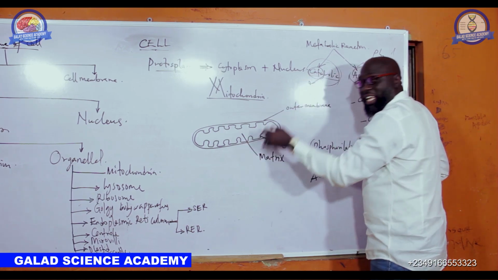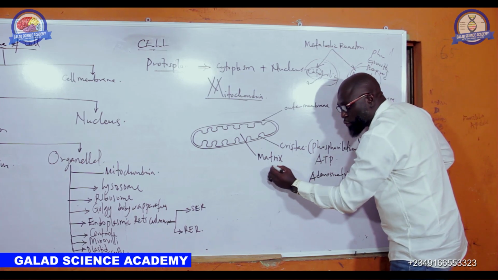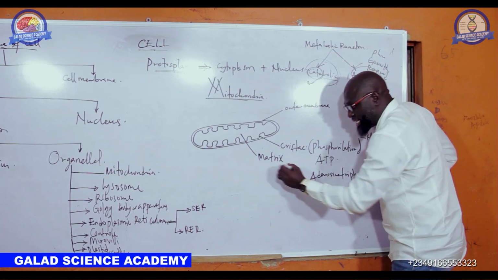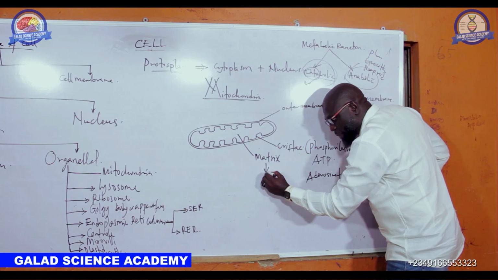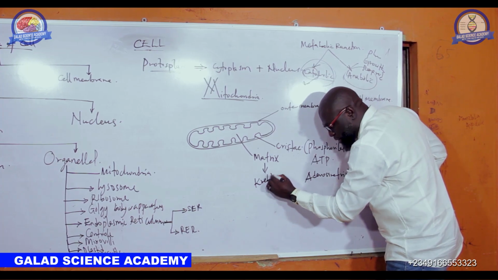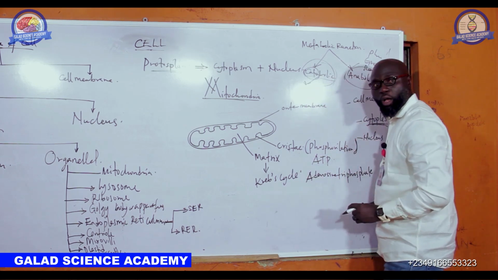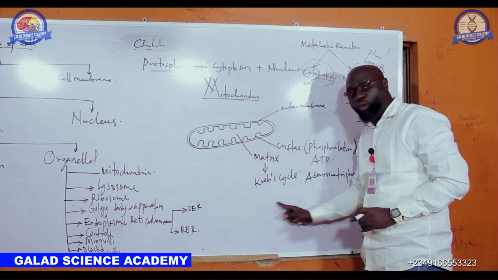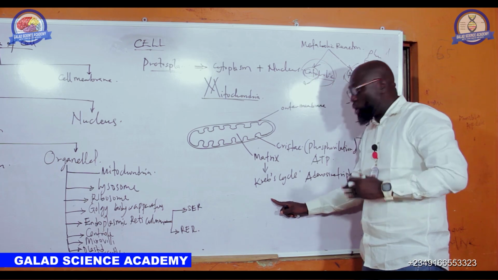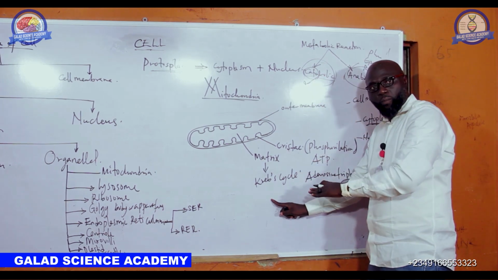The function of the matrix is cellular respiration. It is the region where the Krebs cycle occurs, or the place where the citric acid cycle occurs in the mitochondria.